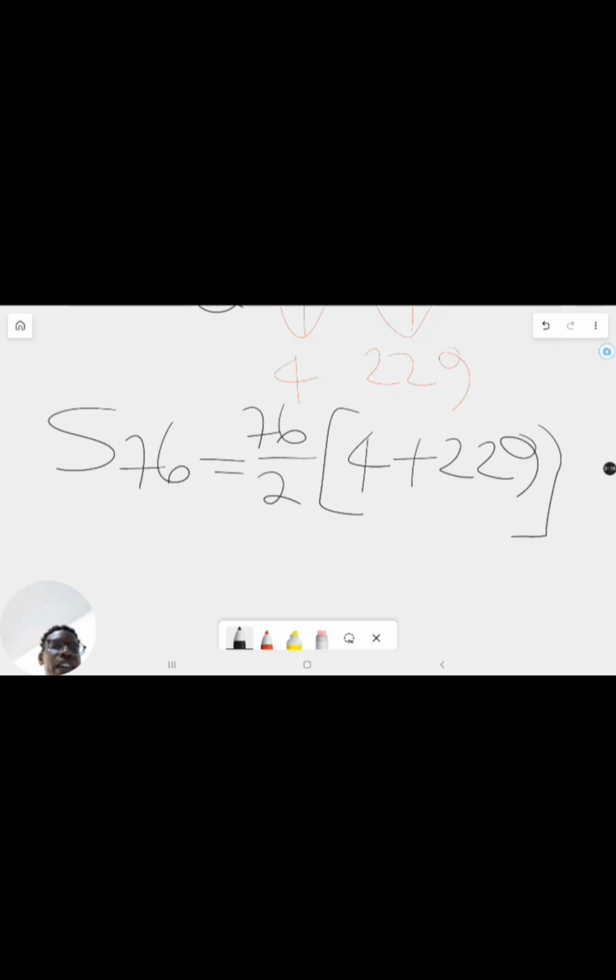229. Now, if you take your calculator and punch this in, let me confirm my answer to make sure I didn't make an arithmetic mistake in the first instance. 76 divided by 2 is 38. 4 plus 229 is 233. That gives 8854.